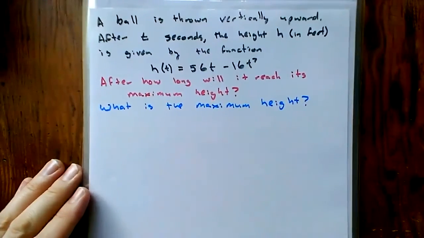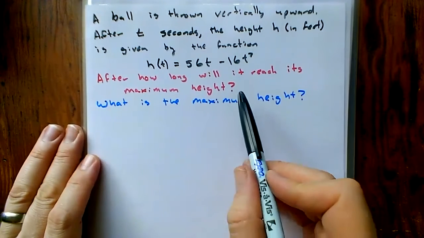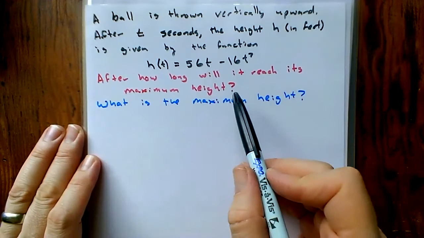All right, let's begin, and I'm beginning with a ball thrown vertically upward. After t seconds, the height in feet is given by the function h of t is equal to 56t minus 16t squared. Now, this first one is, after how long will it reach its maximum height?